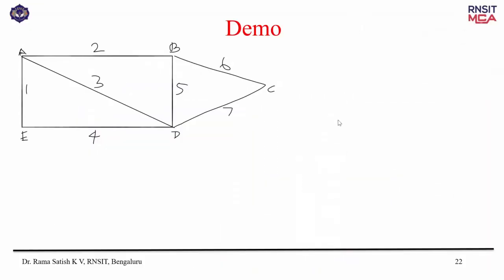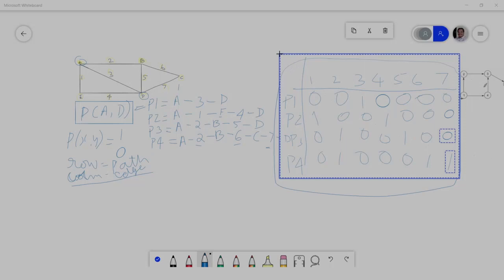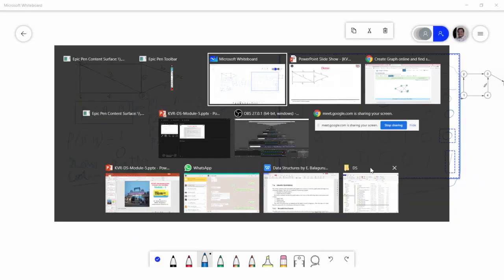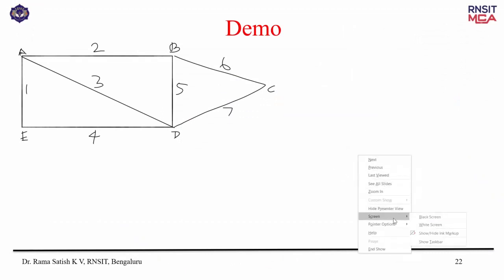I can take a crop of this particular path matrix and paste it on the screen, and of course you get the matrix.